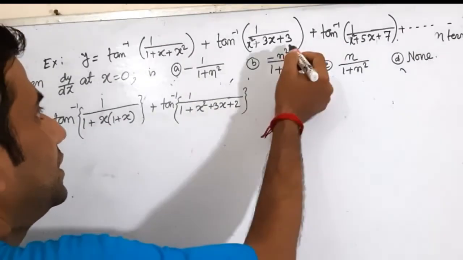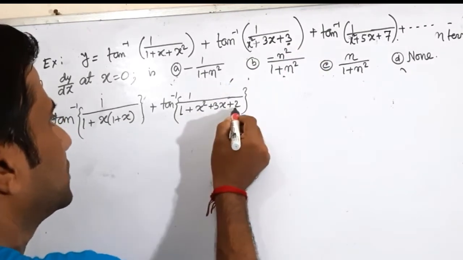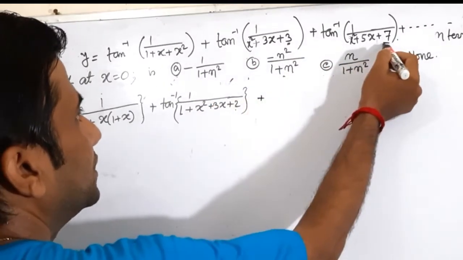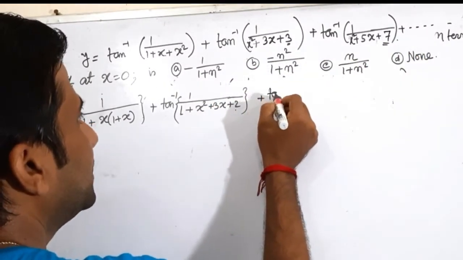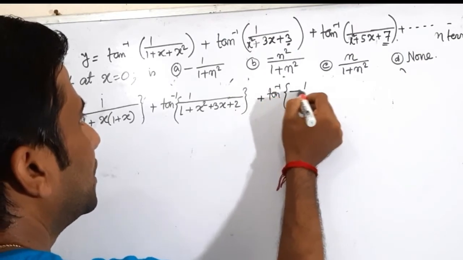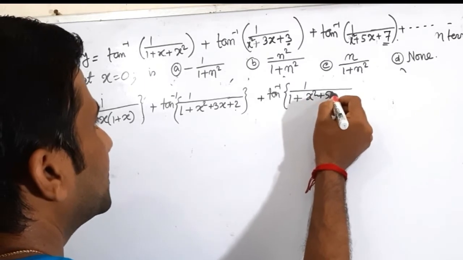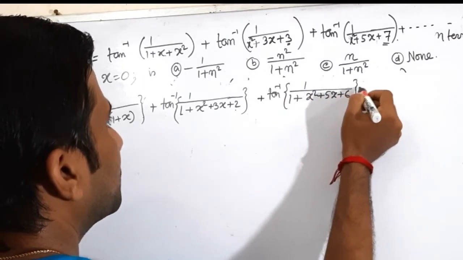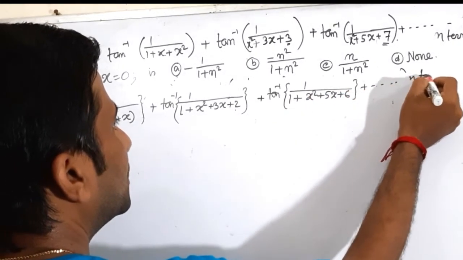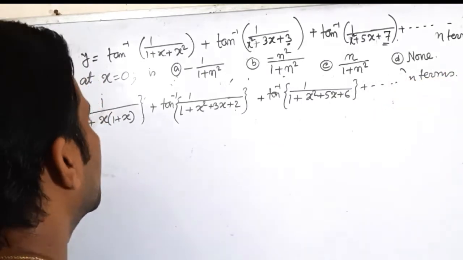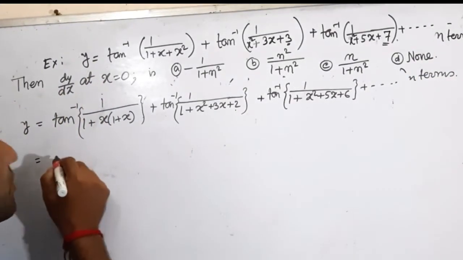We break this 3 into two parts, 1 plus 2. Similarly, this 7: tan inverse 1 by 1 plus x square plus 5x plus 6, plus ... n terms.